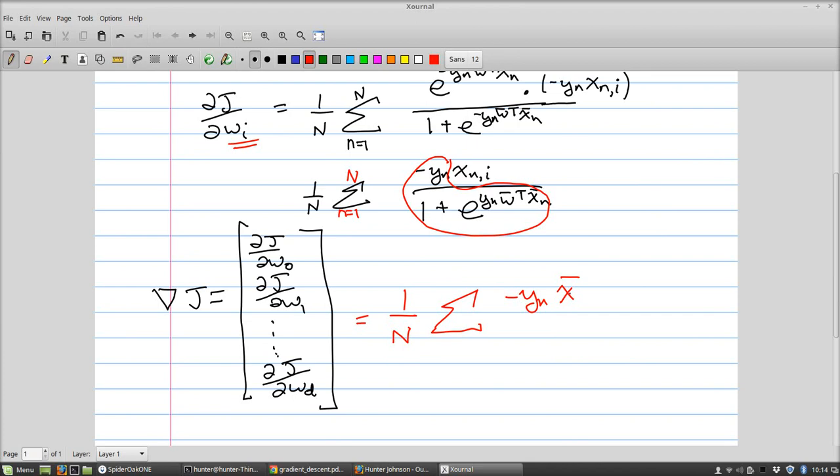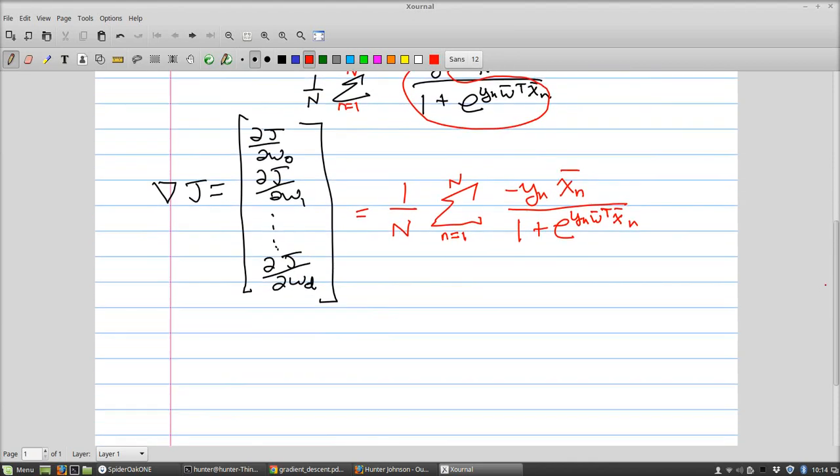So we're adding up this vector, a whole bunch of them from n equals 1 to capital N. So this vector quantity is the gradient of the error function for logistic regression.